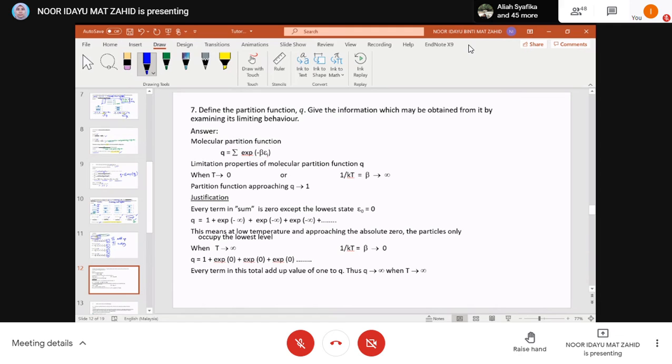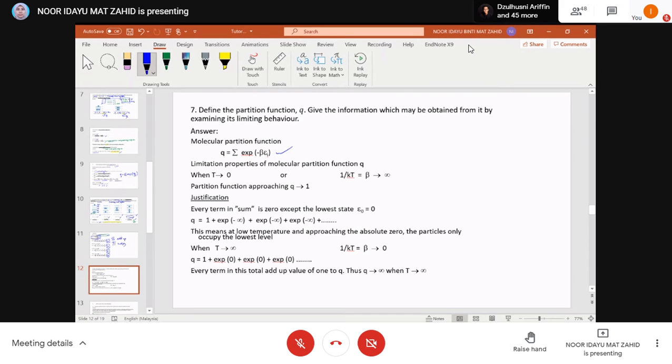The definition of the molecular partition function: you can give this equation, the summation of exponential negative beta epsilon i. In other words, the molecular partition function tells you how many energy levels are being occupied by particles. That's a simplified definition of the molecular partition function. I think I put that in the lecture note.